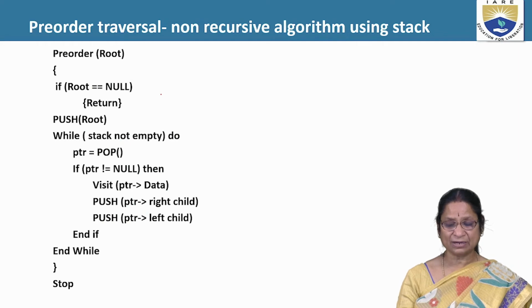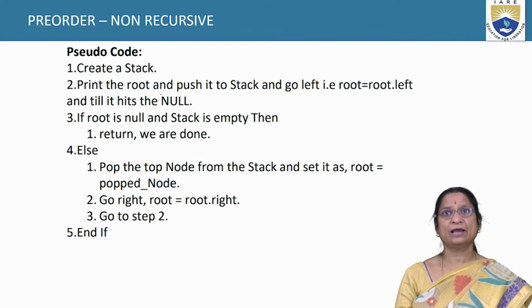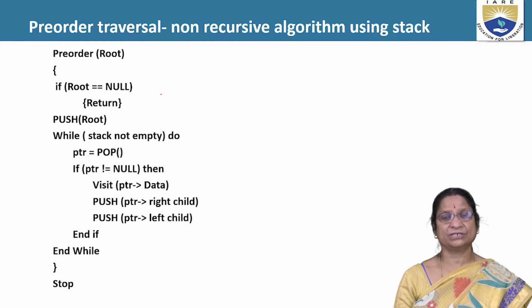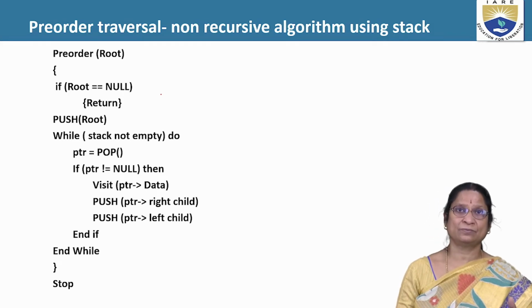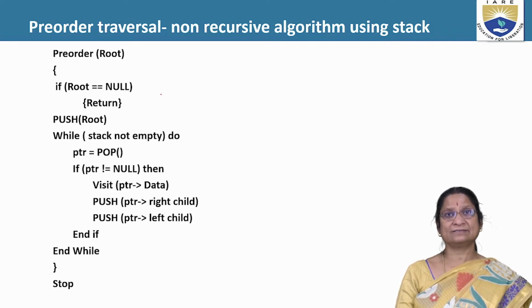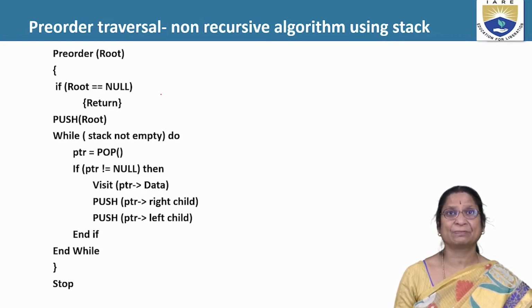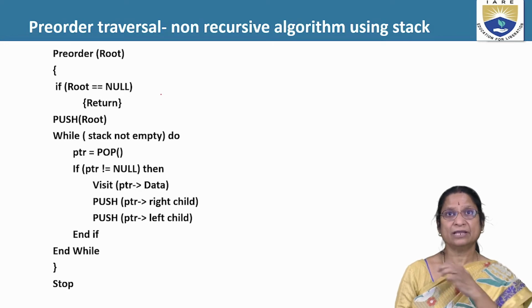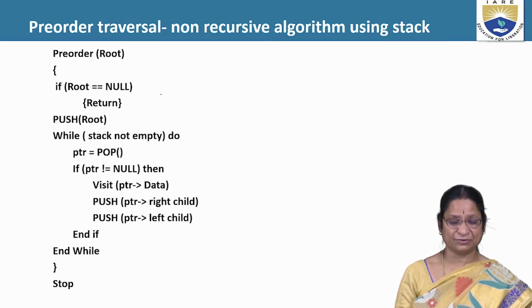We'll take the example. This is pseudo code, written in a normal algorithmic notation, not tied to a programming language, which we discussed in the earlier sessions of this course. So if root is equal to null, return, then push the root, which we have done in the previous slide.